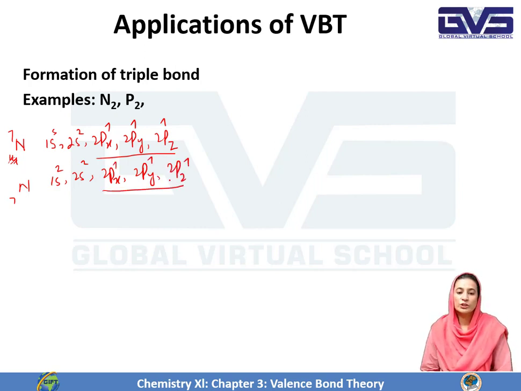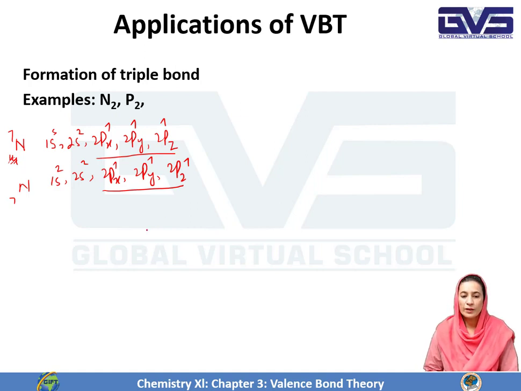So three bonds, how are these formed? So draw all the px, py, pz. Consider this is px, this is py and pz. So I am filling px with dots, it has 1 electron. I am filling this py with dash lines, it has 1 electron.